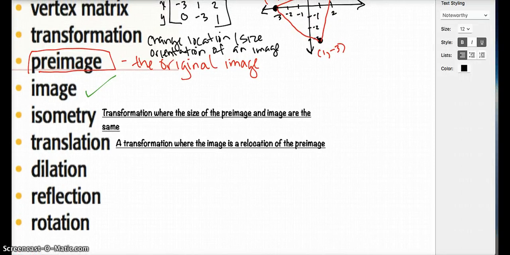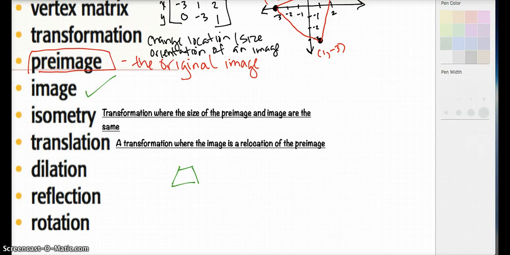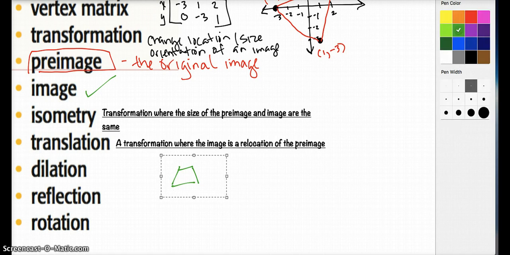Now we talk about this idea of a dilation and a reflection and a rotation, and you guys know exactly what this is. We kind of talked about it. So a dilation is when we have a picture that's changed in terms of its size, right? So if I start off with, let's say, the pre-image of this quadrilateral, and then I were to create, let me copy that.